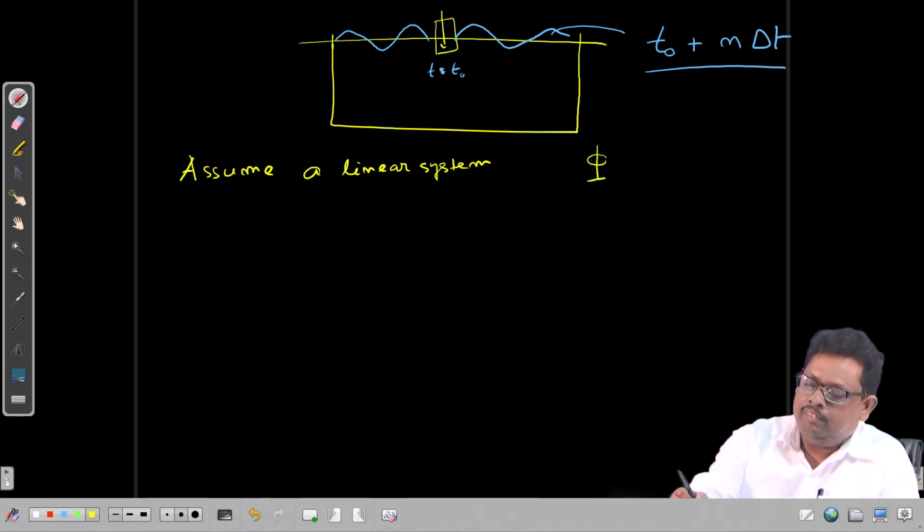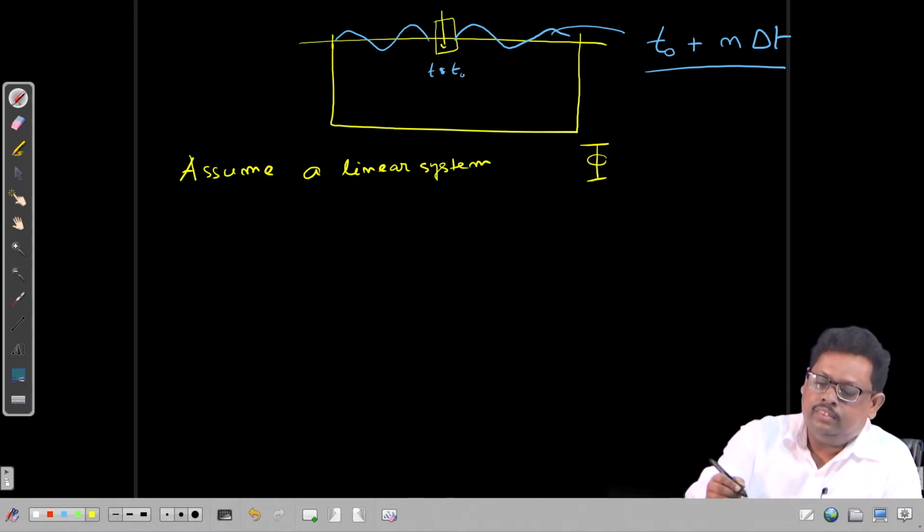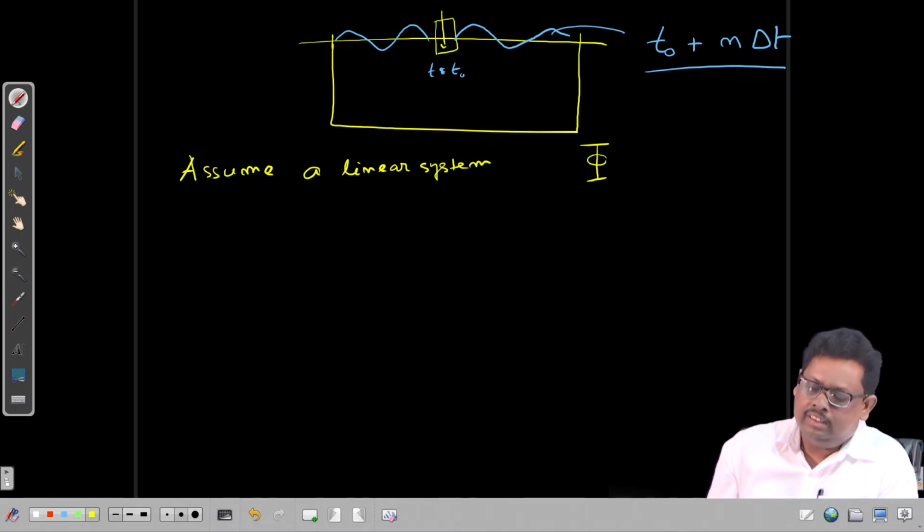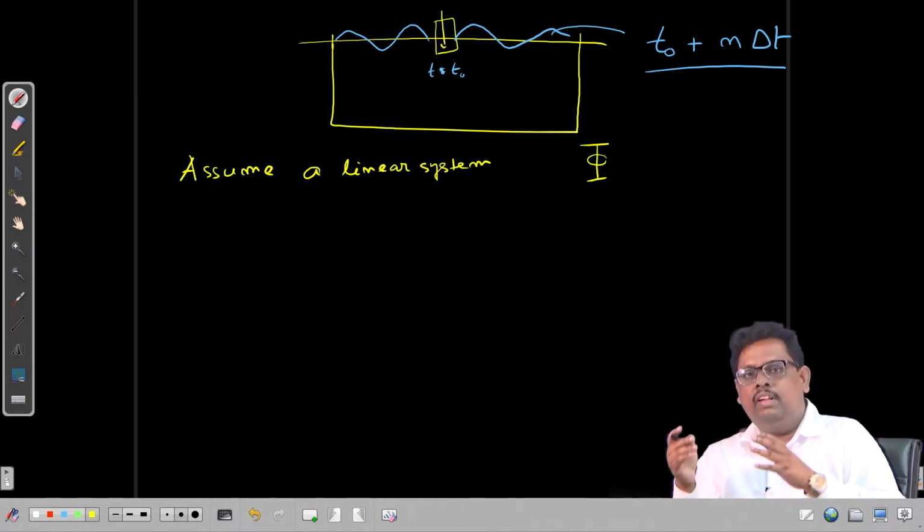We can say that capital phi is the total potential when you throw the ice cube or throw a stone inside the water. Let us assume that.